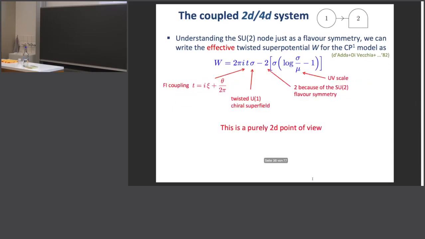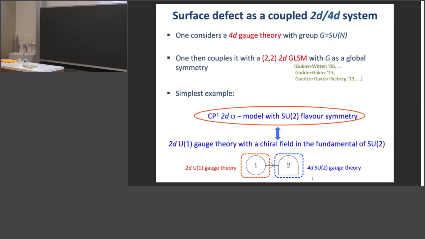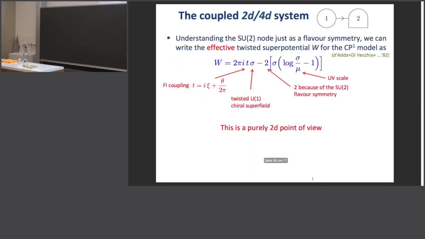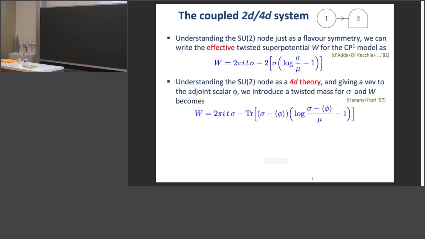But as I was saying before, this is not really just flavor. It's a flavor, but it's also a four-dimensional gauge theory. So this SU2 has its own gauge fields with their own dynamics.